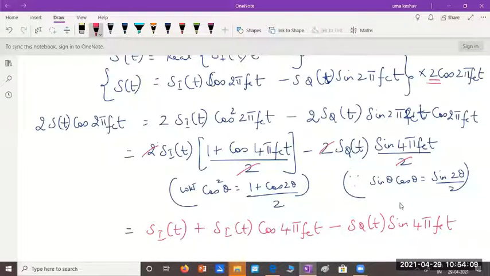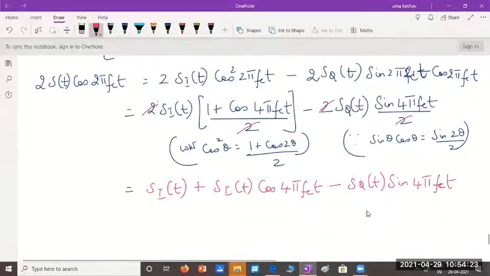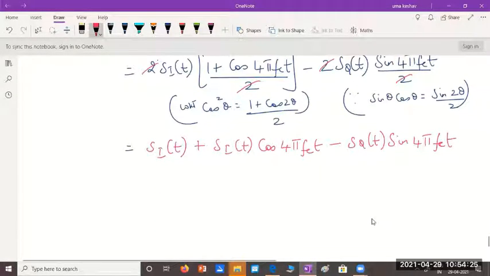So the right hand side of this equation becomes S_I of t into 1 plus S_I of t cos 4 pi fct minus S_Q of t sin 4 pi fct. Can you tell me how will I extract only S_I of t in this?